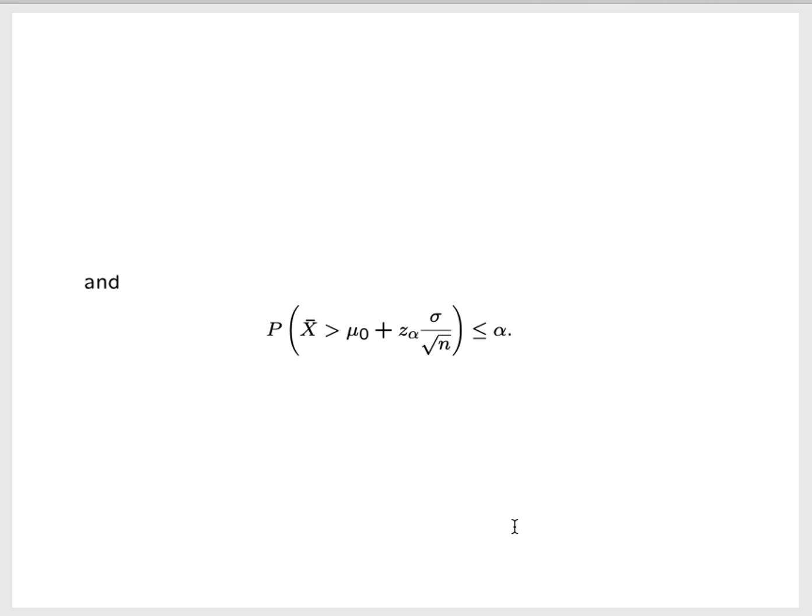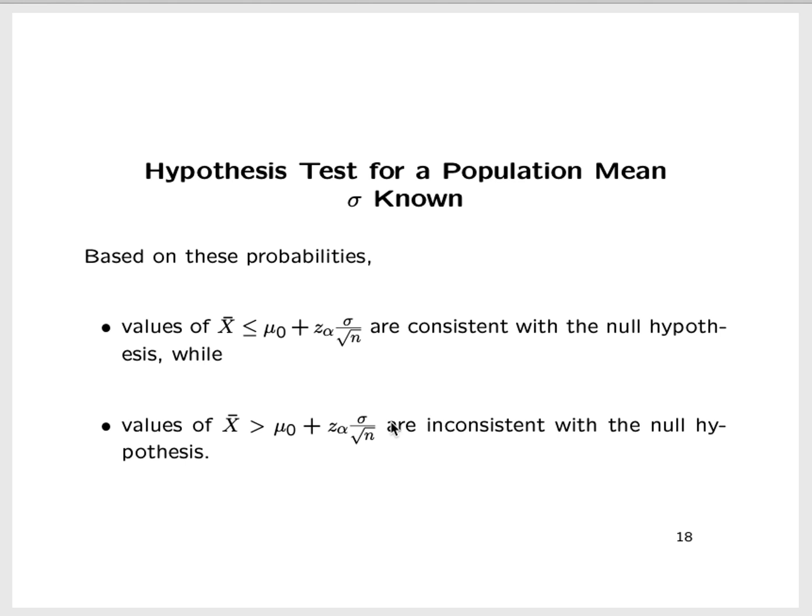And so by the complement rule, the probability that x bar takes on a value greater than this point, mu sub 0 plus z sub alpha times the standard error of x bar, would be less than or equal to alpha. This is where we get the rejection criteria for this test.